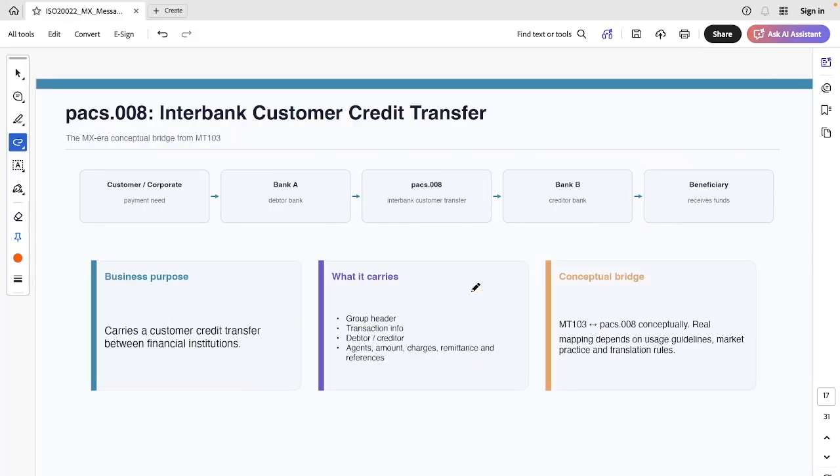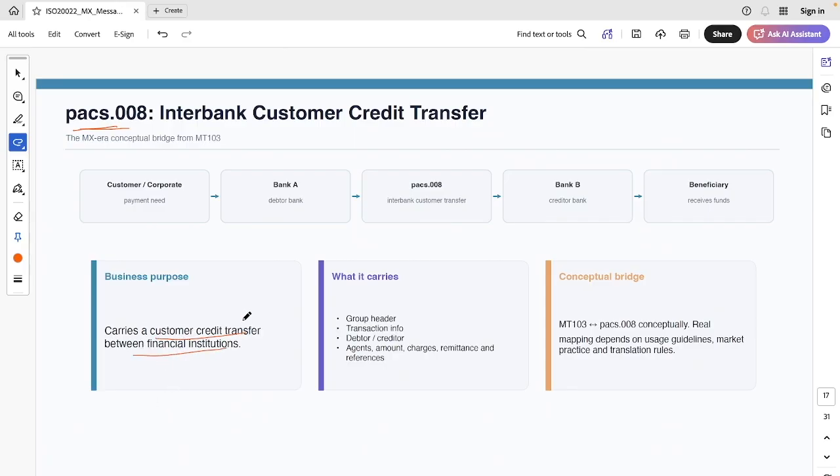After initiation, the interbank customer credit transfer is commonly represented by the PACS.008. So PACS.008 is one of the most important messages in ISO 20022 payment discussions. It is a FI to FI customer credit transfer. In simple words, it carries customer credit transfer between the banks, between the financial institution.